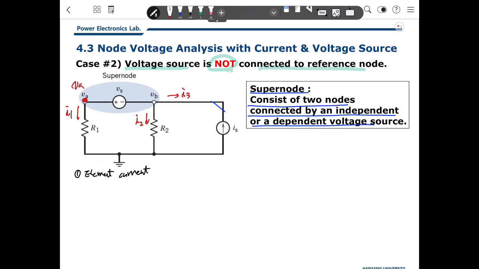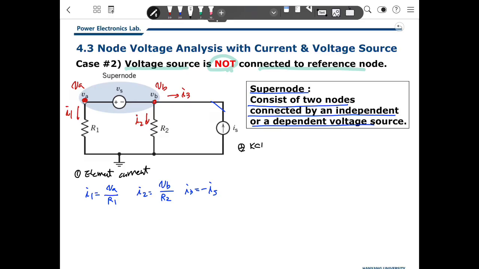And we define node voltages. This is VA, and this is VB. Then what are the currents? I1 will be VA divided by R1, I2 will be VB divided by R2, and I3 will be minus IS.